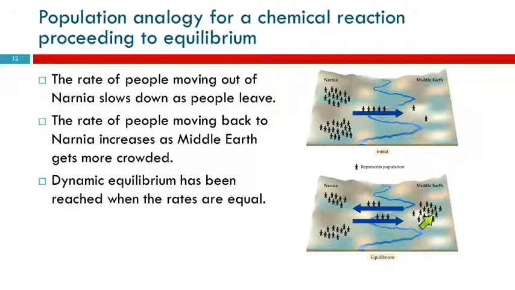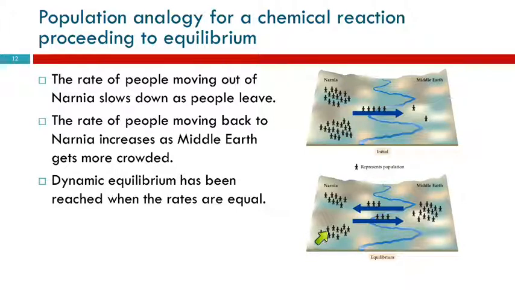As the population of Middle-earth becomes greater and the population of Narnia decreases, the rate of people leaving Narnia decreases. The rate of people deciding that, hey, Narnia is looking pretty good, increases, and so you get some people moving back. And so at some point, the rate of movement from Narnia to Middle-earth is the same as from Middle-earth to Narnia.